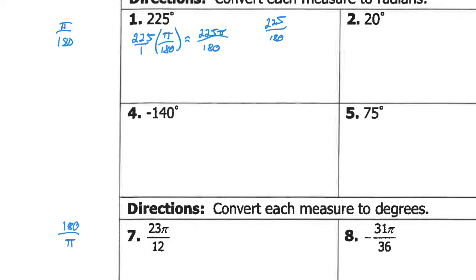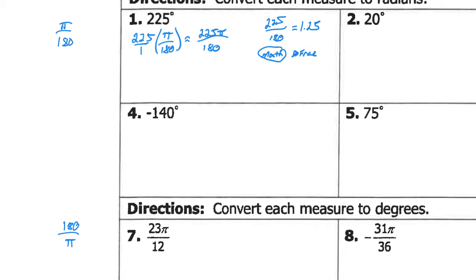Or if you just do 225 divided by 180 and turn it into a decimal, it'll give you 1.25. Then on your TI-84, you hit the math button. The first option has a little arrow and says frac.